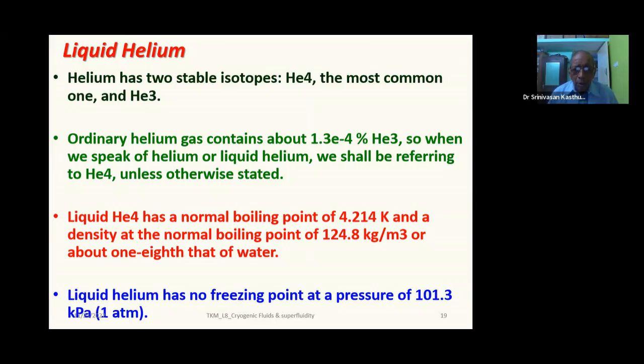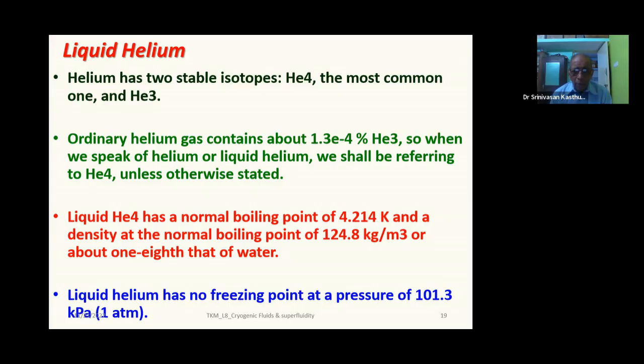Helium-4 will have two neutrons and two protons in its nucleus, whereas helium-3 will have two protons and one neutron in its nucleus. Ordinary helium gas contains about 1.3 times 10 to the power minus 4 percent of helium-3. And when we speak of helium or liquid helium, we normally refer to helium-4 unless otherwise stated, right?